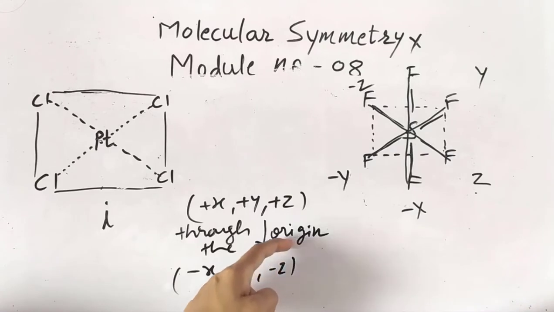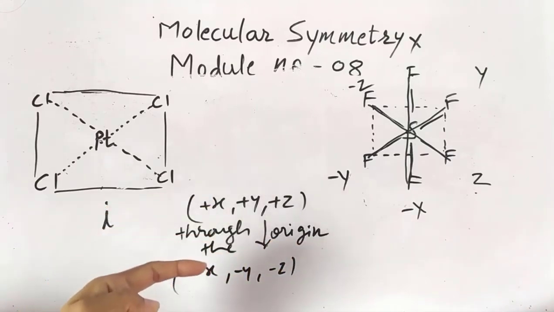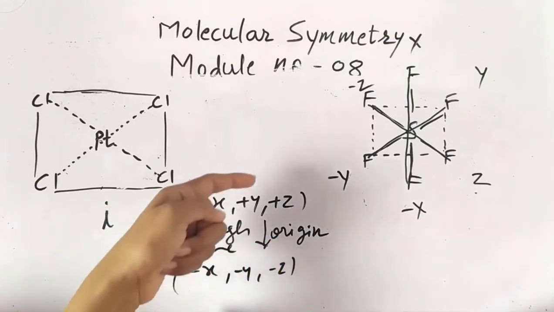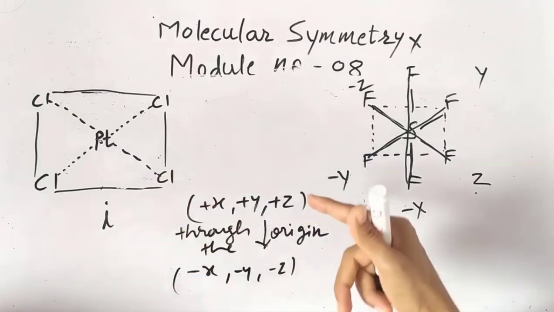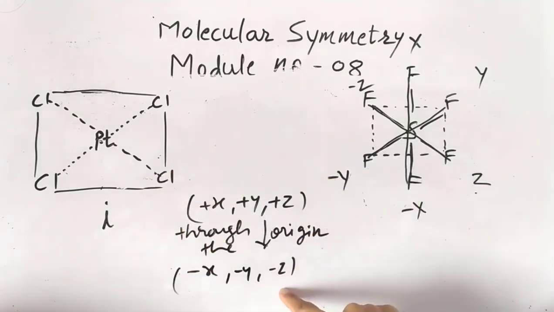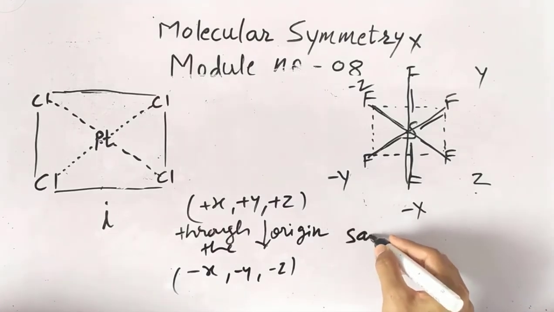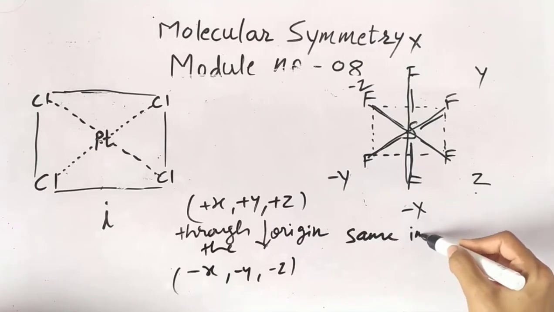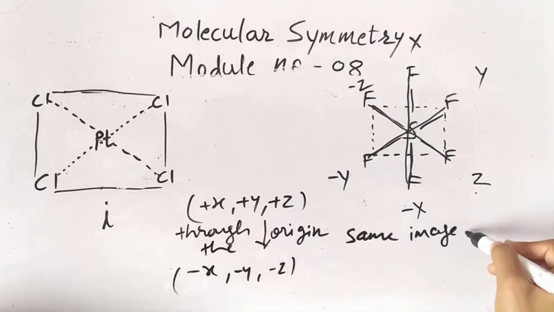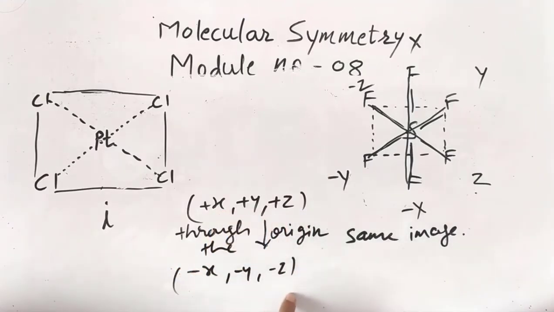Plus x we change to minus x, plus y to minus y, and plus z to minus z. If after changing the coordinates you get the same image, then you can say that the center of symmetry is present in that molecule. This is the textbook definition.